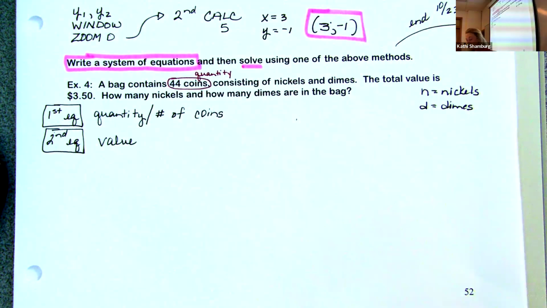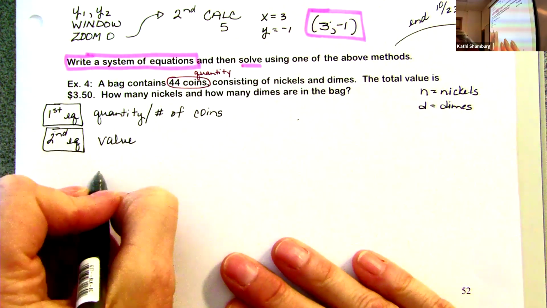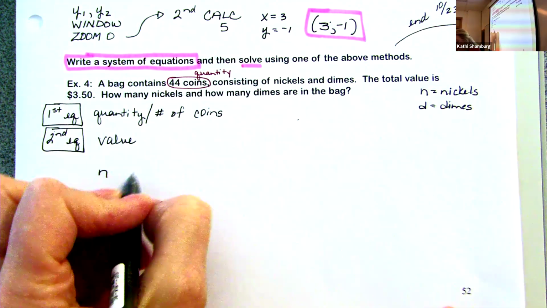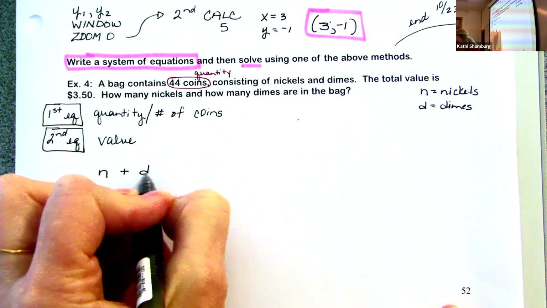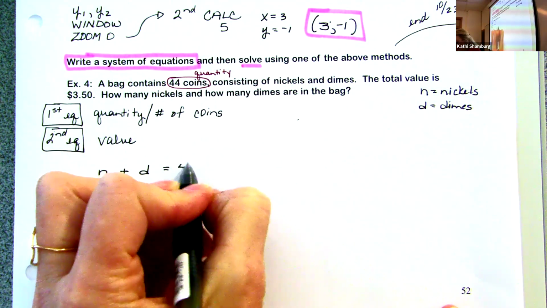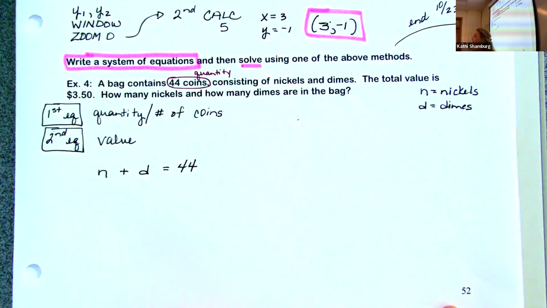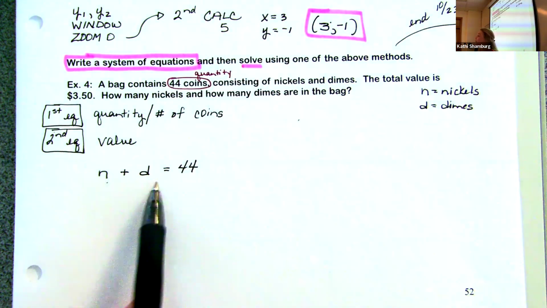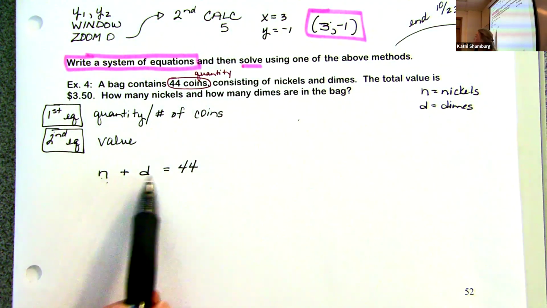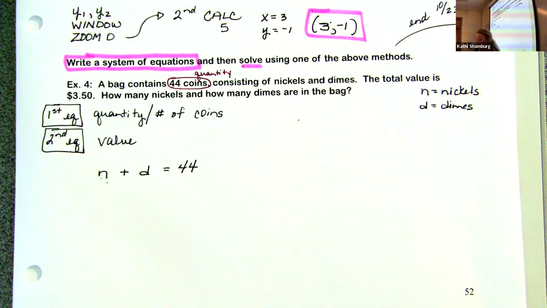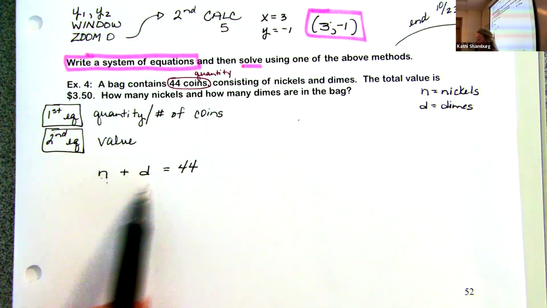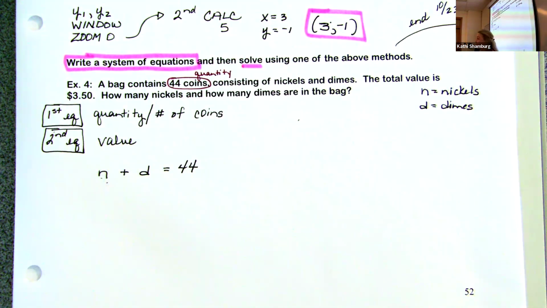Total, right? So we know that however many nickels that I have, plus however many dimes, I have a total of 44 coins. That could be 1 and 43. It could be 40 and 4. That's what we don't know. But I do know the total of my coins is 44 coins. Okay. All right. So that's my first equation.